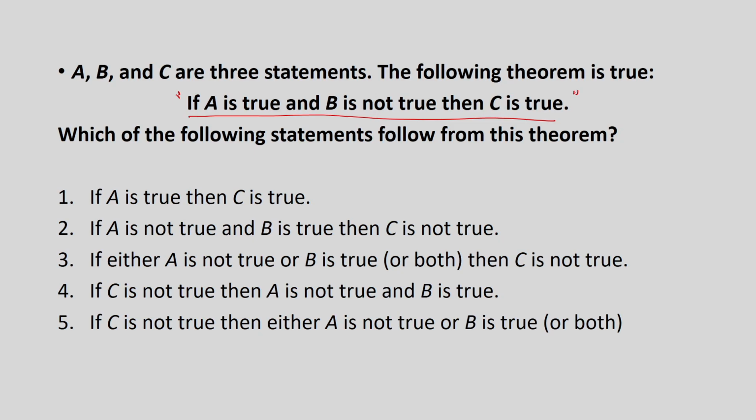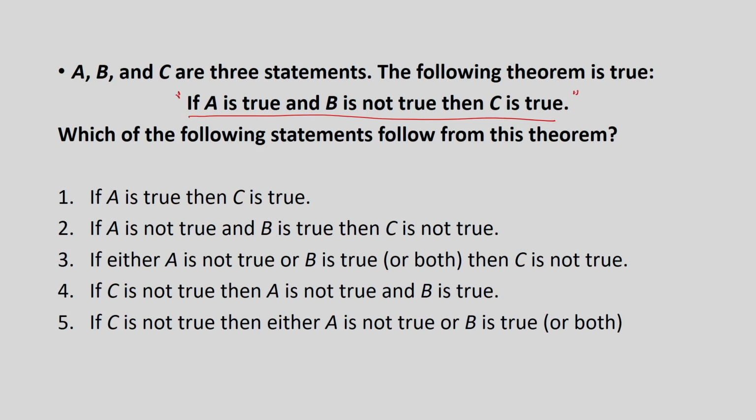Number 3, if either A is not true or B is true or both, then C is not true. So, this was the third statement. The fourth statement is, if C is not true, then A is not true and B is true.